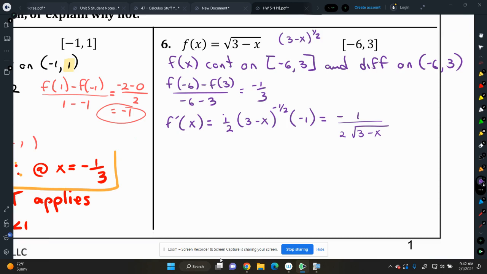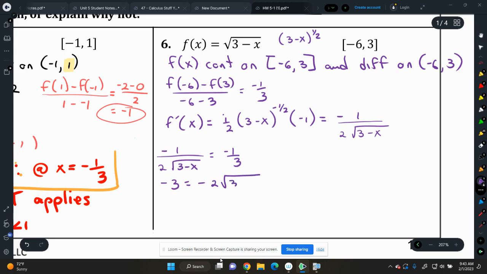Okay, so we're going to do negative 1 over 2 square root of 3 minus x equals negative 1/3. All right, I'm going to cross multiply. So I get negative 3 equals negative 2 square root of 3 minus x. So divide by negative 2, so we get 3/2 equals the square root of 3 minus x.